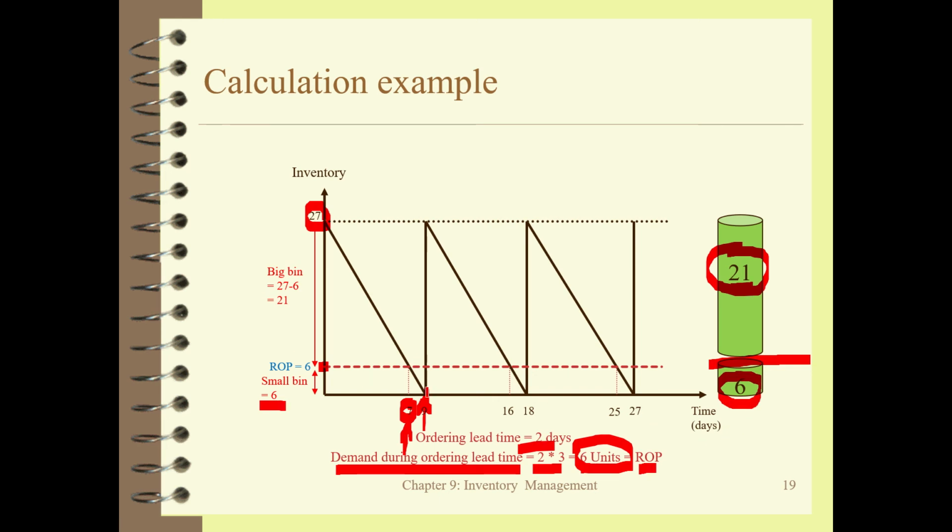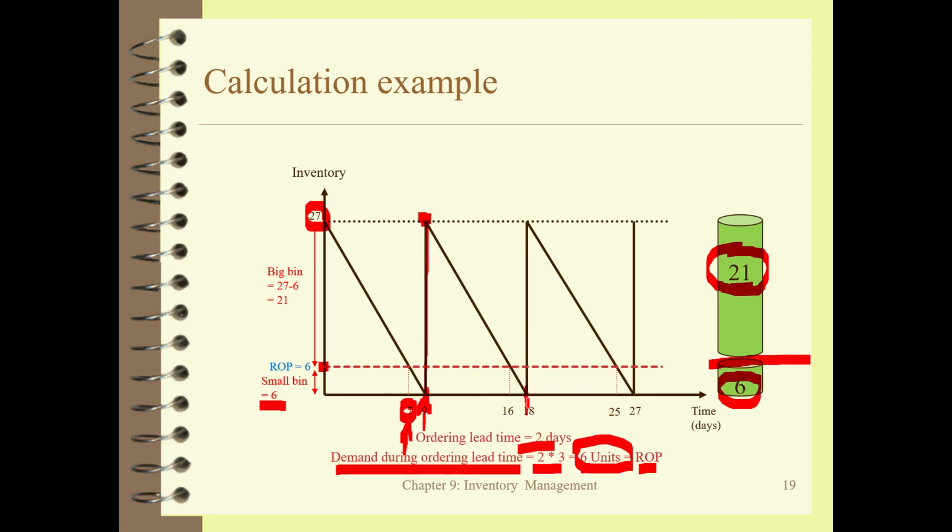And then once the item comes to your store, the inventory will jump to 27 again, because every time you order 27, right? And then after 9 days pass, 9 plus 9 is 18.